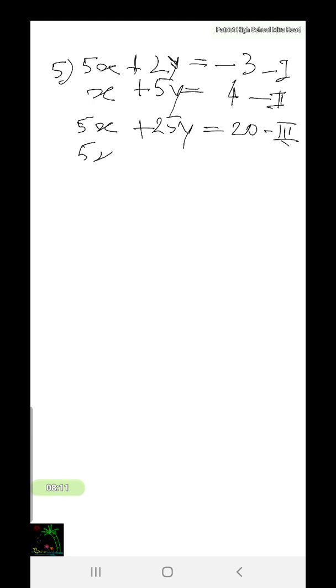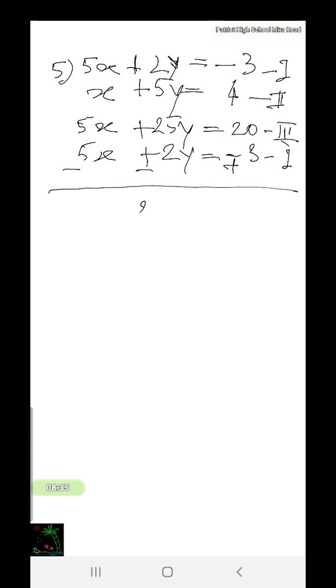First let us write down the equation as it is. 5x plus 2y is equal to minus 3. This is equation 1. Subtracting means we have to change the sign throughout. So this will become minus, minus, and this will become plus. Now 5x minus 5x gets eliminated.